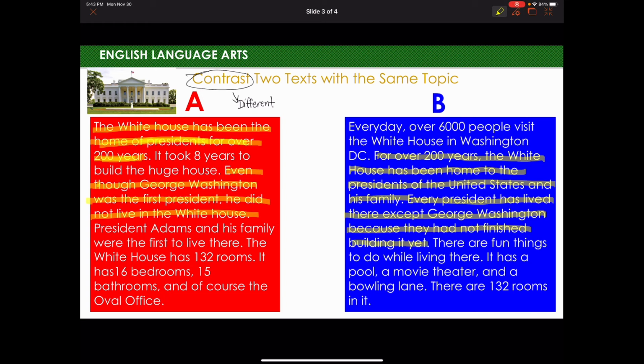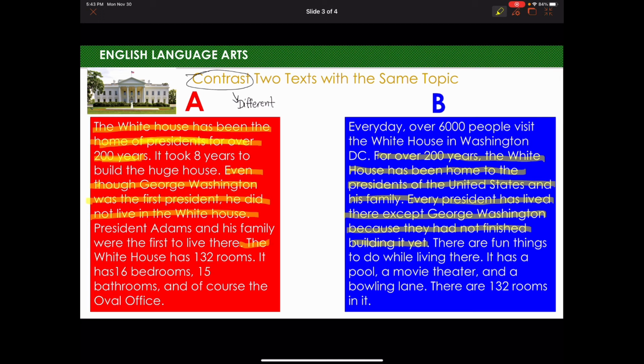Okay, now let's read the next one. President Adams and his family were the first to live there. So that's in paragraph A. If I look at paragraph B, do you see anything about President Adams and his family? Nope, so that's one way that they are different, so I'm going to leave that unhighlighted. The White House has 132 rooms. Did they mention that in both passages?